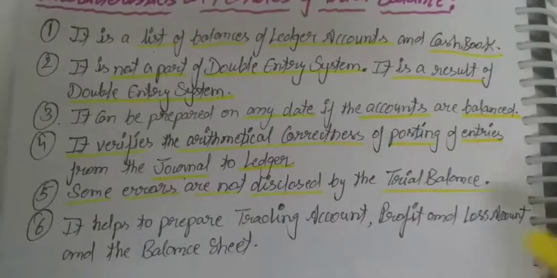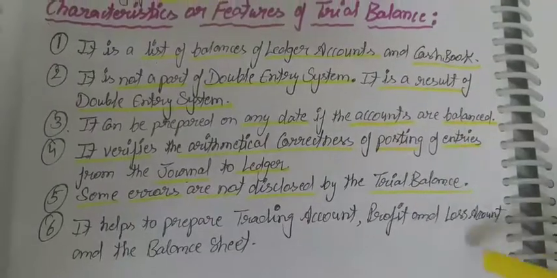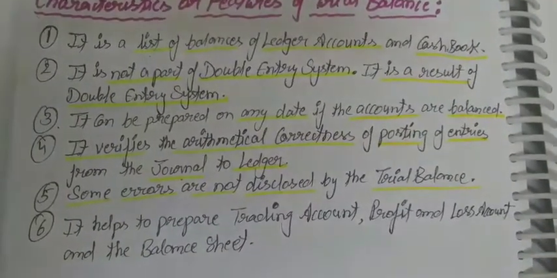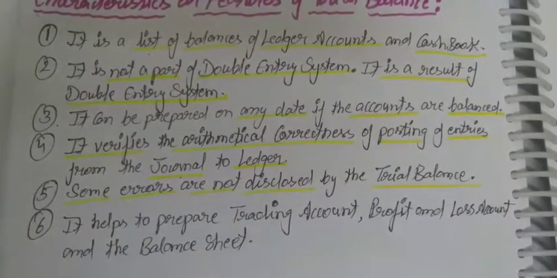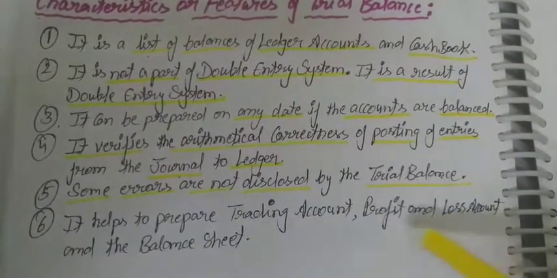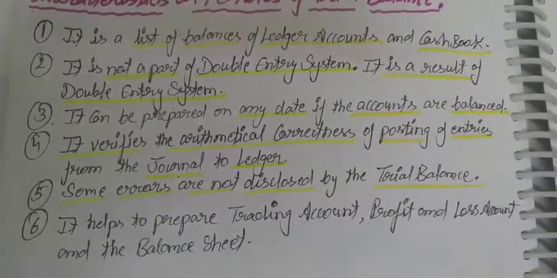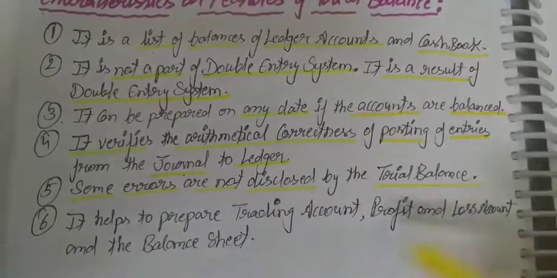So that type of error cannot be disclosed in the trial balance, but most of the errors can be confirmed or disclosed by the trial balance.